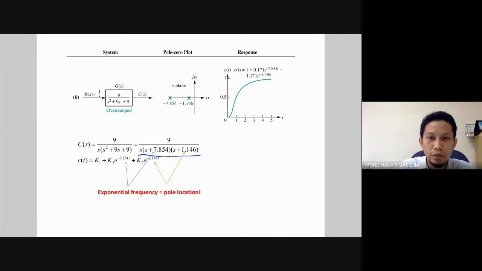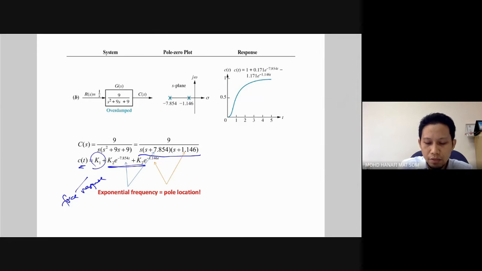So when we put it into the time domain c(t) over here, we have the expression K1 exponential plus K2 exponential something. Okay, so this is the forced response, and these two, K1 exponential plus K2 exponential, are the natural response.